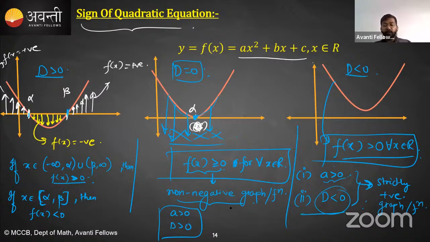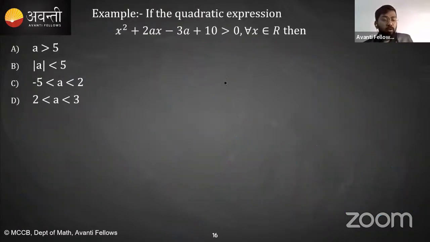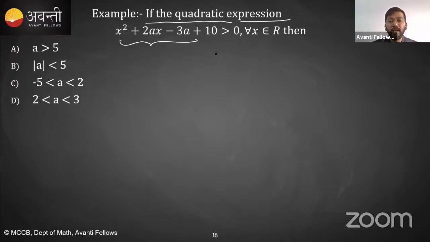Okay. Now moving ahead, let's try to solve a question. If the quadratic expression x square plus 2ax minus 3a plus 10 is greater than 0 for all x element of R, then, right?